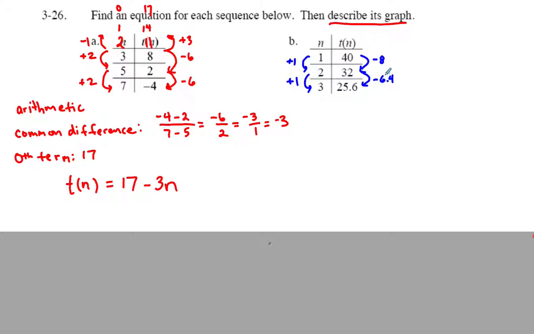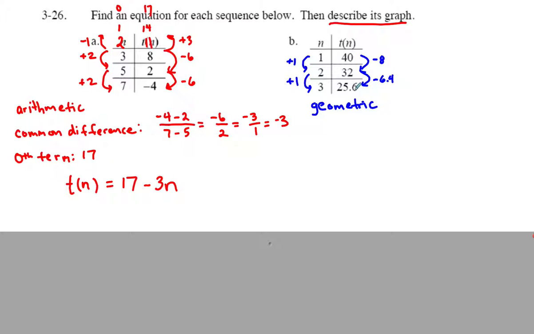So this is not a constant rate of change. It's not going down the exact same amount every time, which means it's not going to be arithmetic. But chances are this is going to be an exponential function or geometric sequence, in which case we have to have a multiplier to get from one thing to the next.